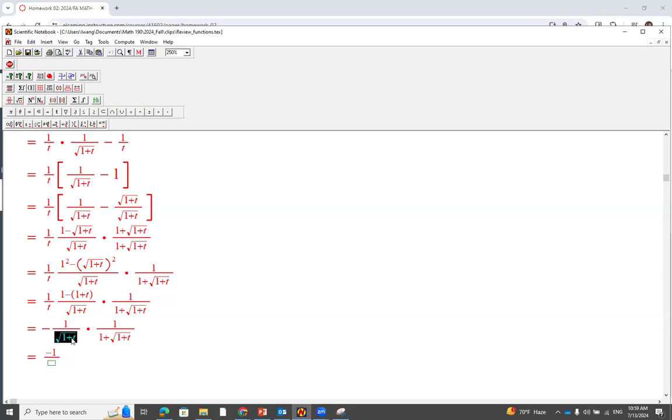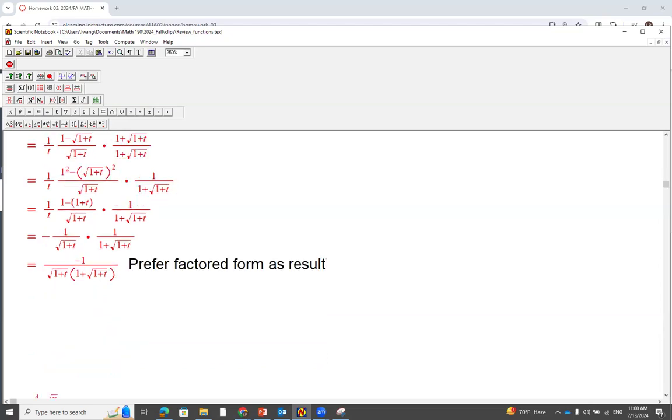And the denominator would just be root of 1 plus t multiplied by the other denominator. Do not distribute. Just leave it like that because we usually prefer factored form as a result.